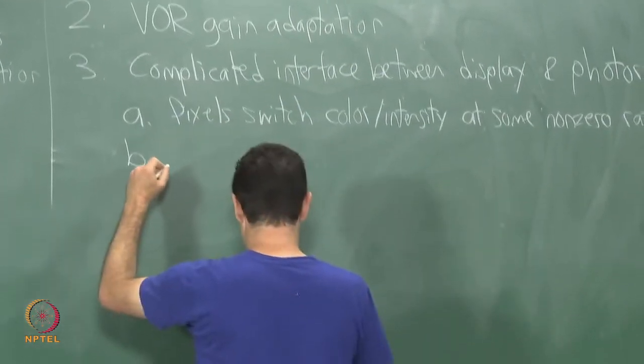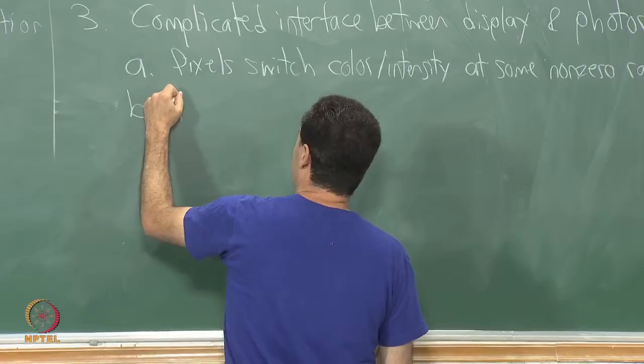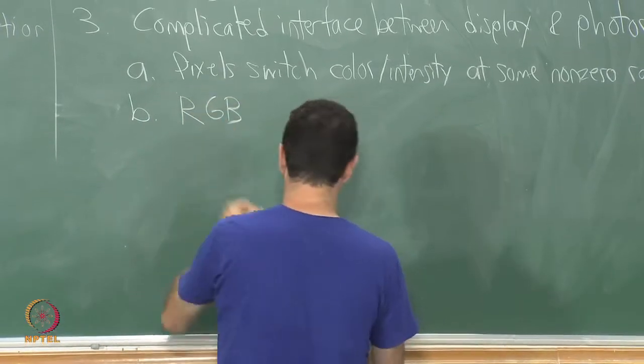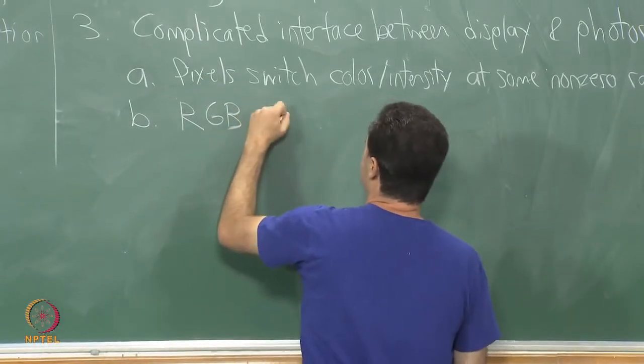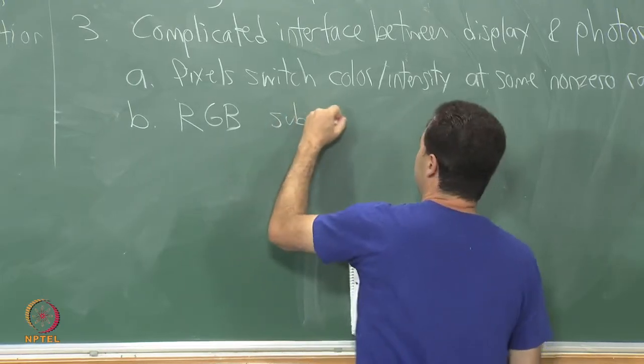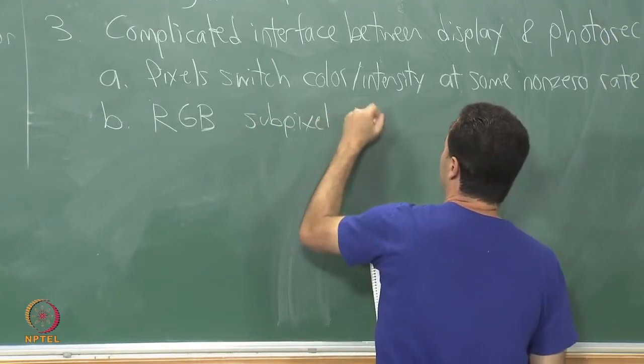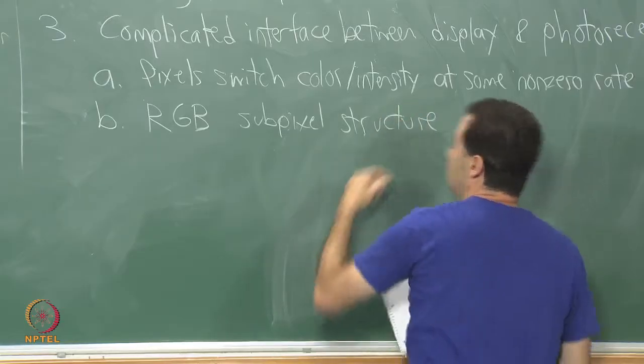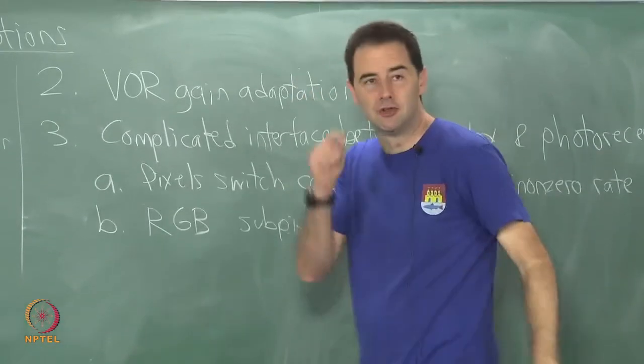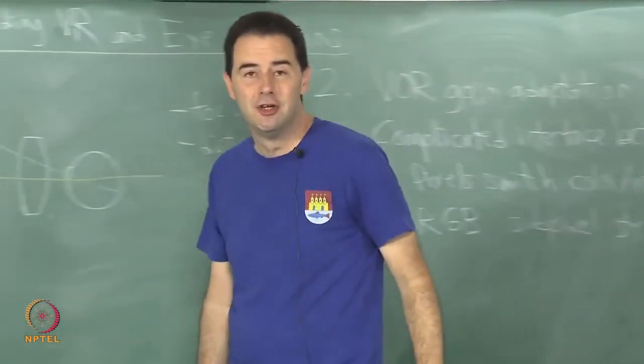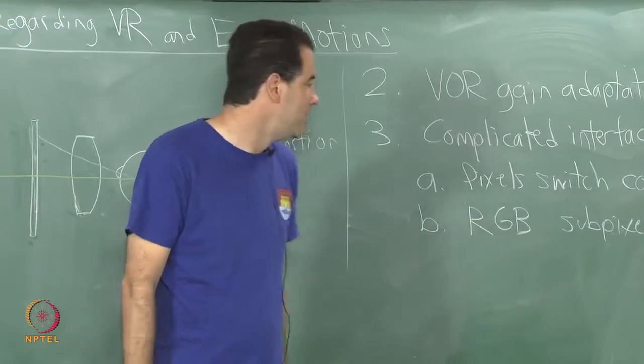There's RGB subpixel structure. Some of you were trying this during the break. We were taking a close look at displays with magnifying lenses, so I encourage you to try that on your own time.